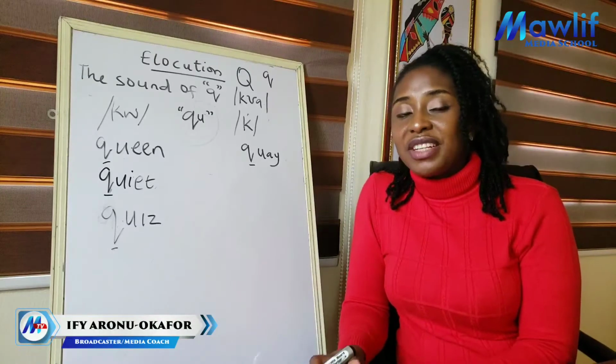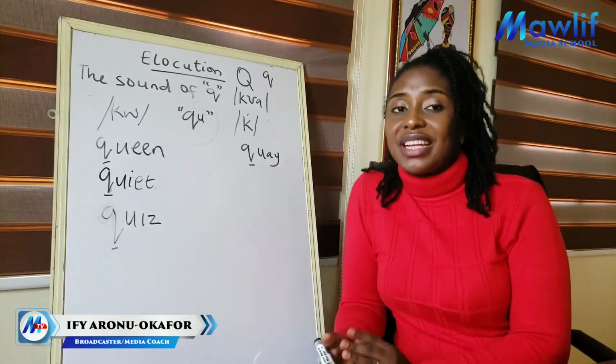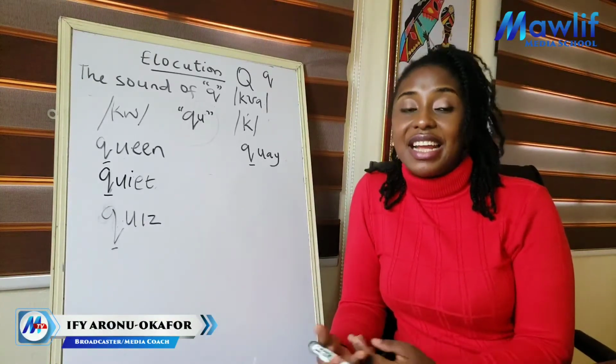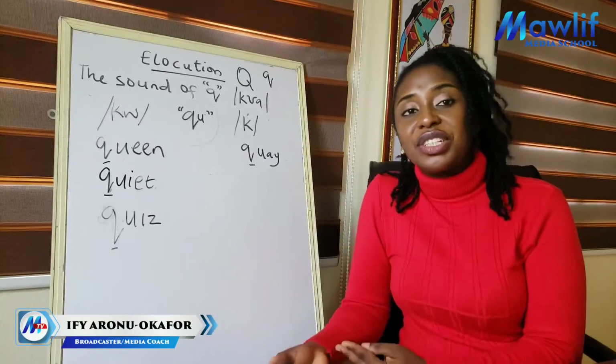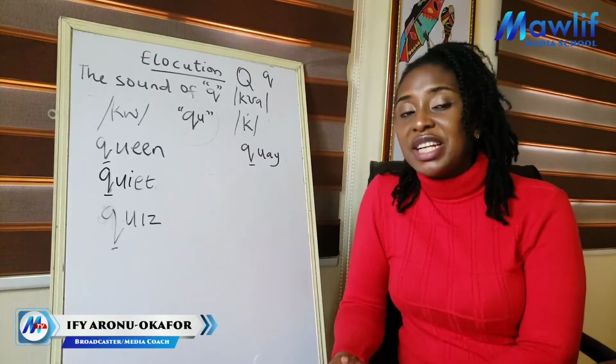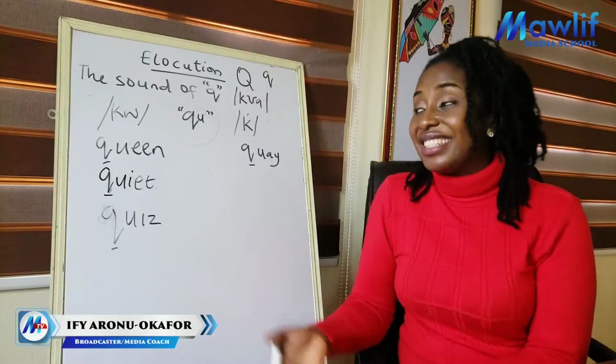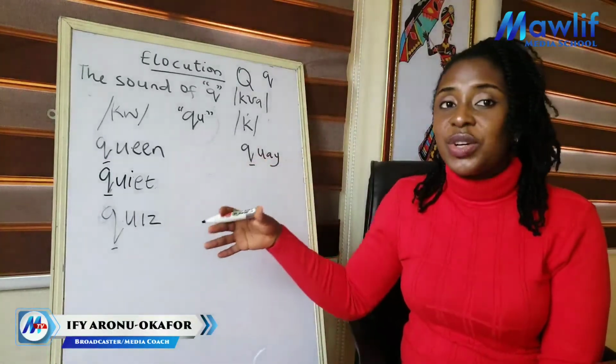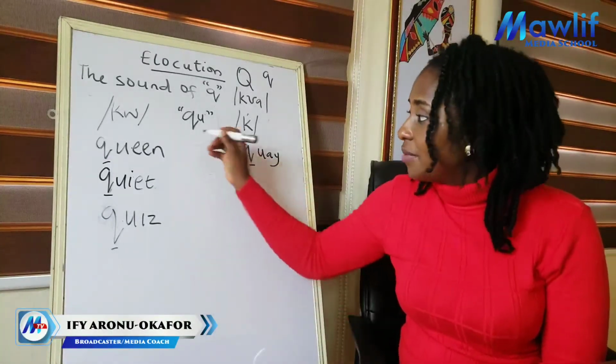Okay, now I am going to transcribe. The aim of these transcriptions that I do is to deepen your understanding, and I hope that in due time, as you keep watching our videos, you will learn to transcribe as well. That is writing English words by their sounds.